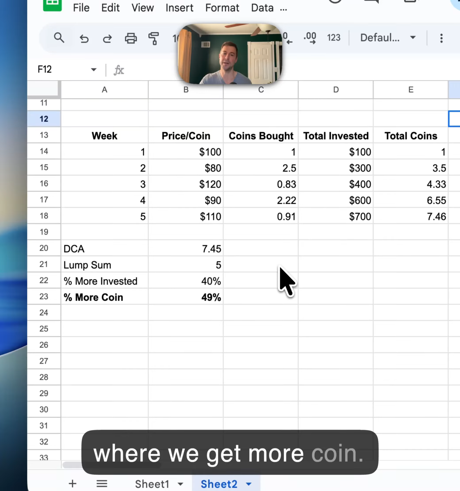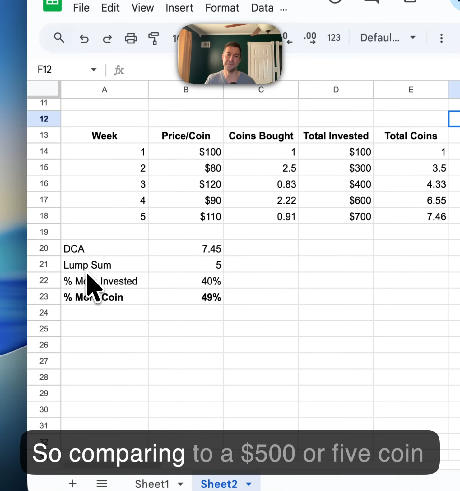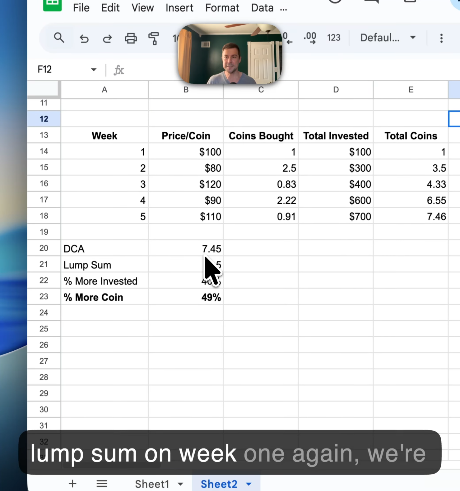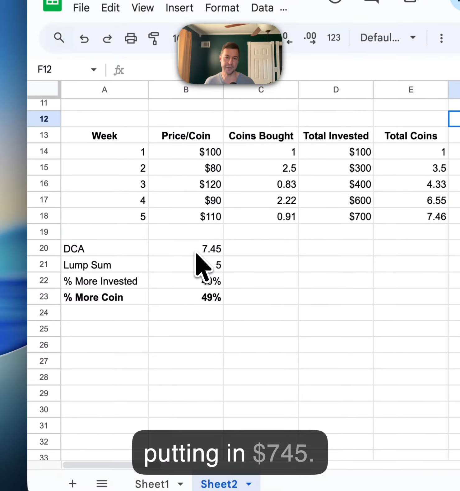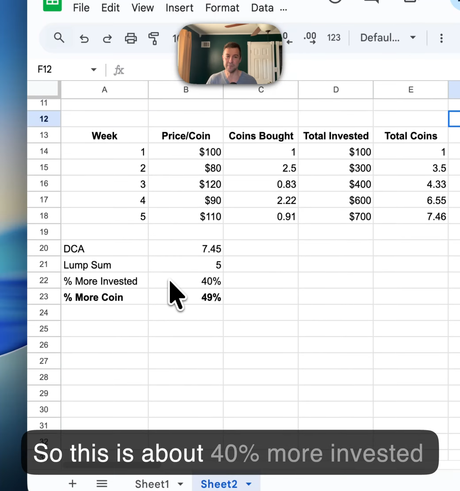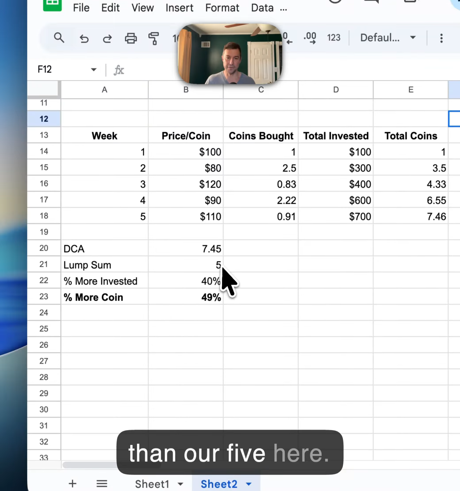get more coin. So comparing to our $500, 5 coin lump sum on week 1 again, we're putting in $745. So this is about 40% more invested than our 5 here.